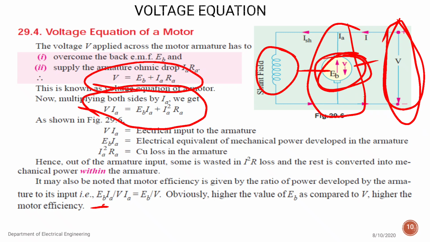So the ratio becomes EBIa divided by VIa. Ia cancels here, and only EB divided by V remains. So the higher the value of back EMF as compared to the voltage, the higher the motor efficiency.